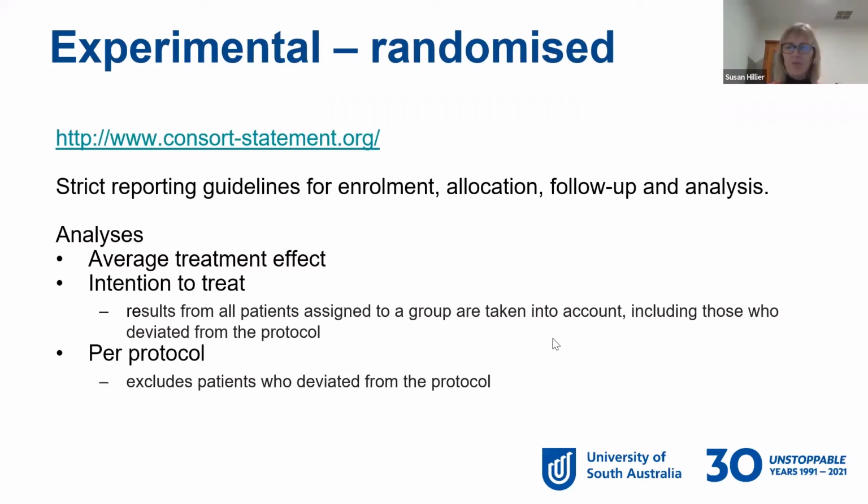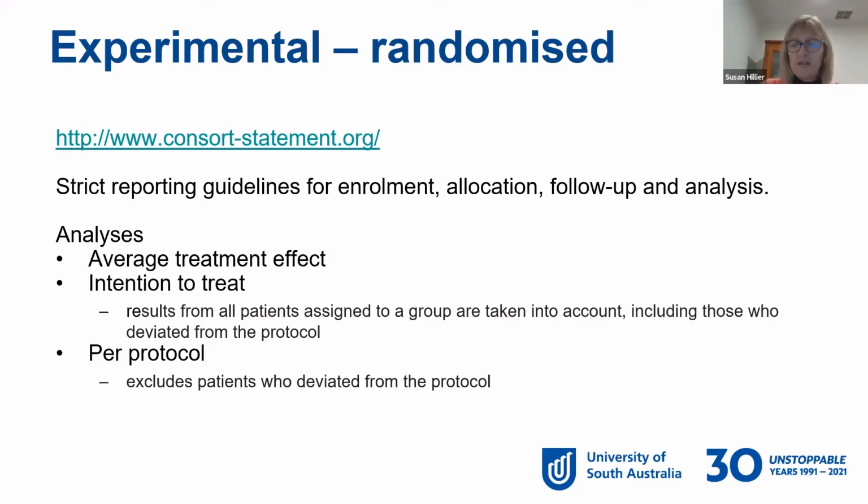If we now look at the way analyses can be conducted for our randomised controlled trials, classically, of course, these comparative studies are conducted to produce the average treatment effect, so that the change scores for the outcome of interest for the individual are averaged for the group, with its variance characterised as standard deviation or confidence intervals or whatever other variance measures you are using, and we are directly comparing the average treatment effect of one group to the other.